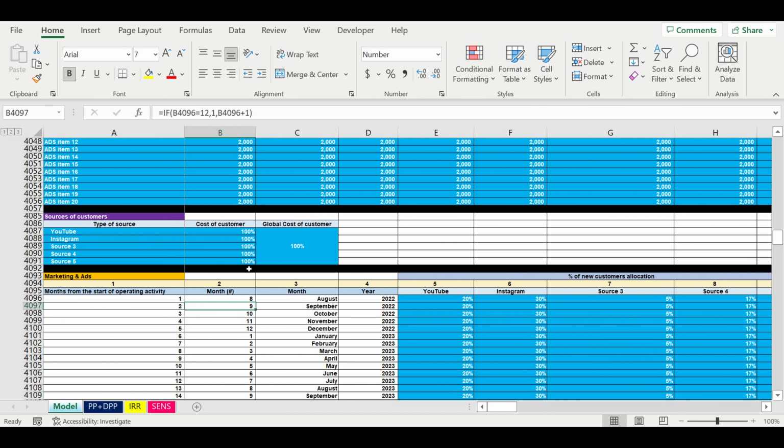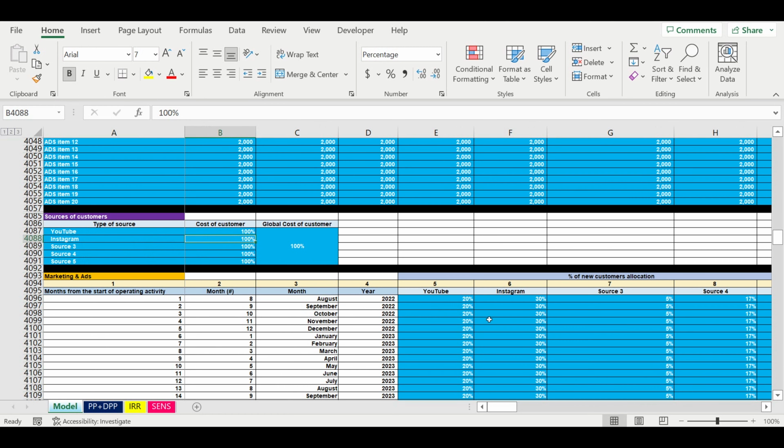Then we also have coefficients for the cost of one customer from different sources. This coefficient is general for all direct marketing and advertising expenses, and these coefficients are specific for advertising expenses for each specific source of customers.